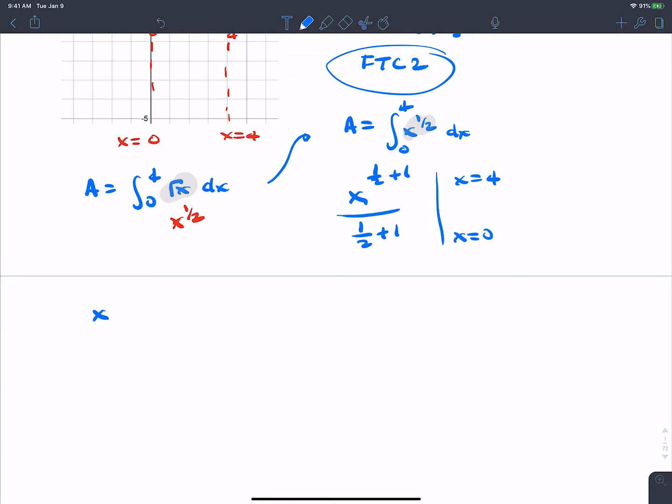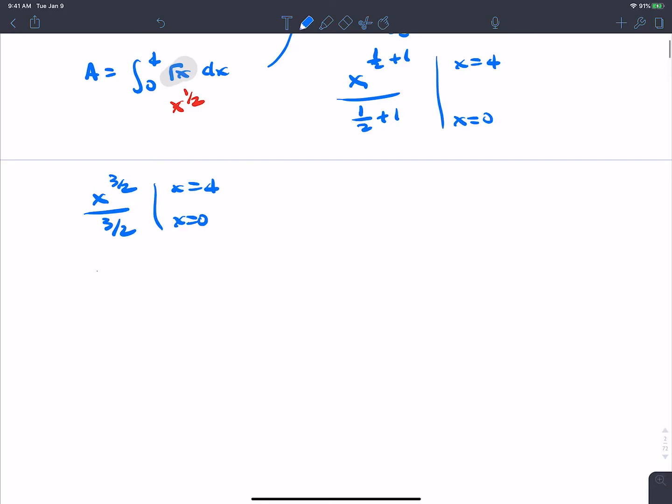That's x to the 3/2 over 3/2, evaluated at x is 0 and x is 4, which is really 2/3 x to the 3/2. And we evaluate that at x is 0 to x is 4. So again, this is my antiderivative right here.